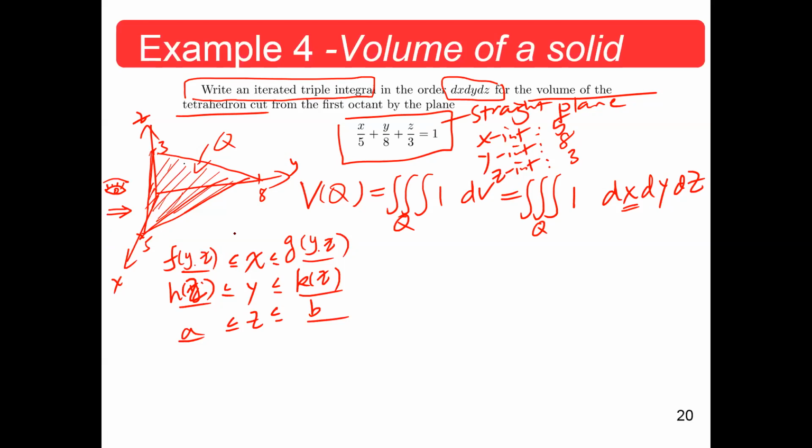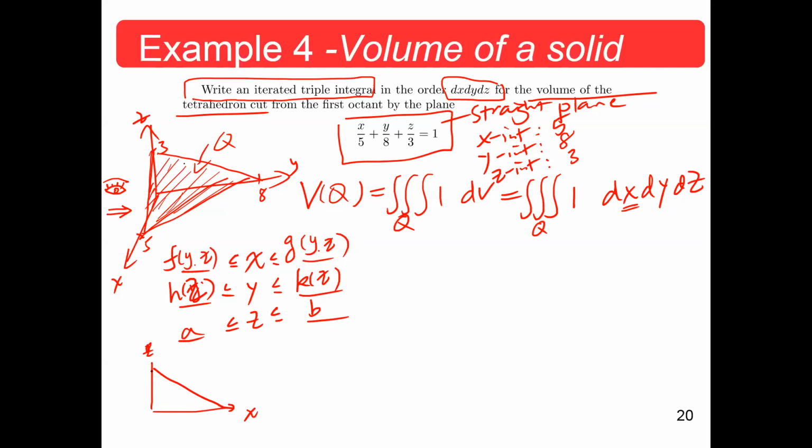What do you see? Try to imagine you're standing here, looking at the tetrahedron. What's in front of you? The zx plane. So if your eye is here, you should have something like this. Here is your x-axis, this will be the y-axis, and this will be your z.